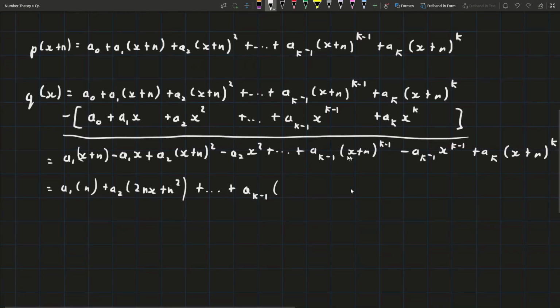So when we expand out this big bracket, we're going to get x to the power of k minus 1, then we're going to get some number times, which I'll call b, because k is confusing since we already used k.